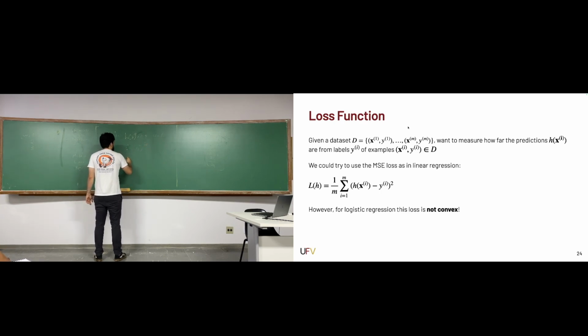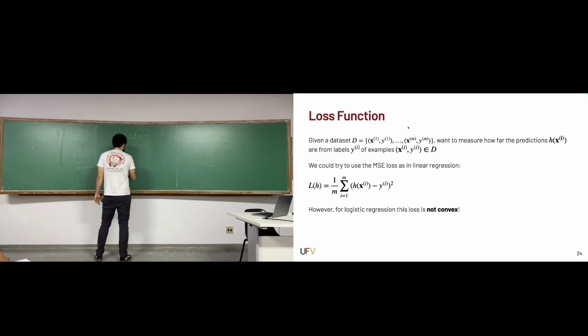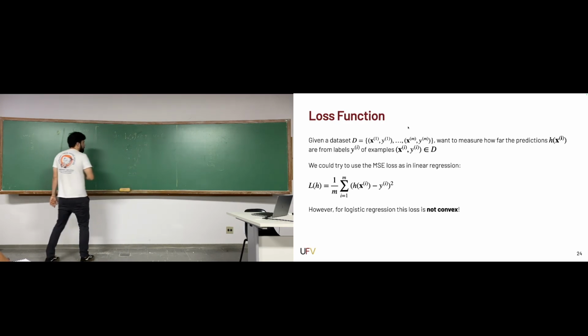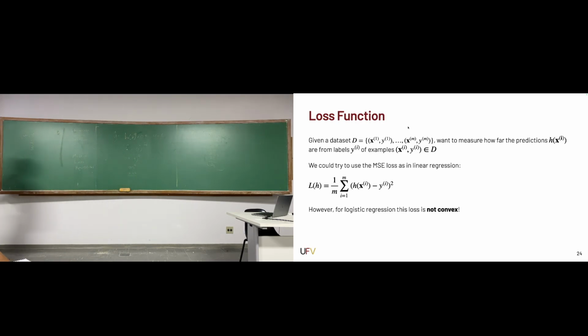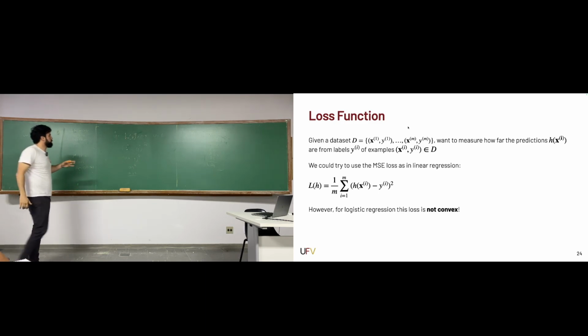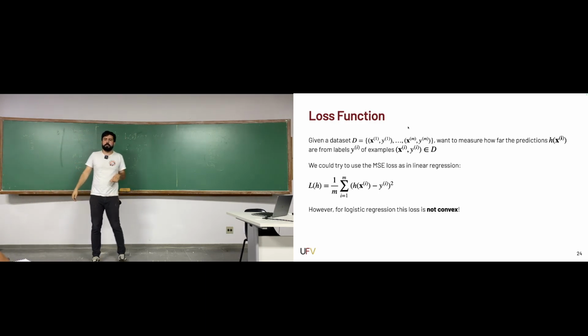This would be 0.9 minus 1 squared, which is 0.1 squared, which is 0.01, right? So it gives a value, it's a positive value. And this would always be positive because it's squared. So in principle, it's a fair loss function to use.